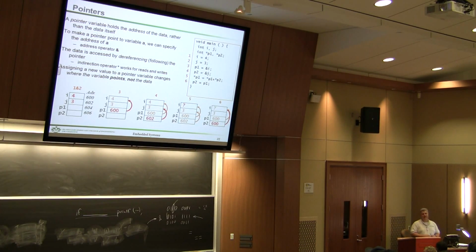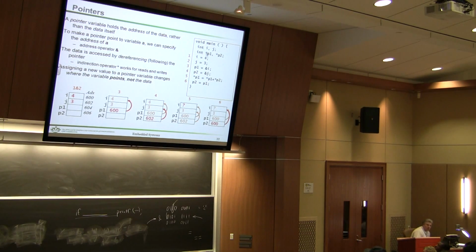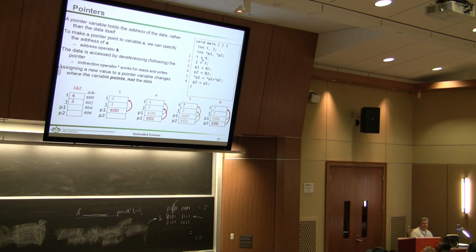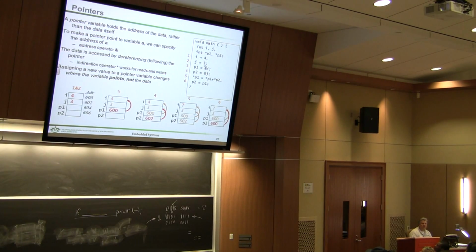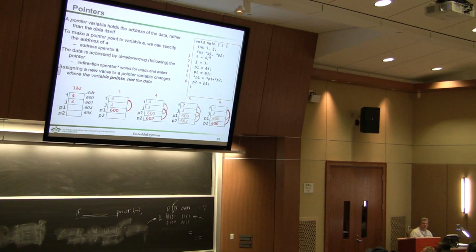This is a good slide to wrap your head around if you are having difficulty understanding pointers, because it tells you what the progression is at each step. In this case, we are identifying two variables and two pointers. Variable i contains the number 4, variable j contains the number 3.